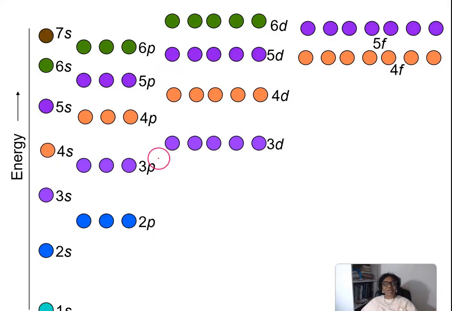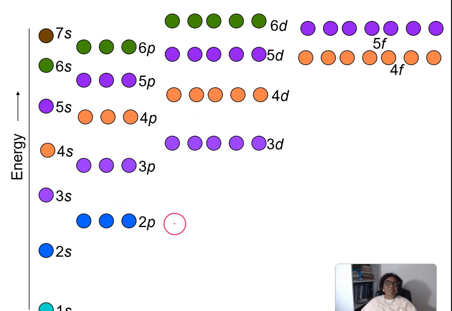So we want to look at how the orbitals are likely to be arranged in a multi-electron atom. You see 2s, 2p, 3s, 3p, 4s, 3d, 4p, 4.